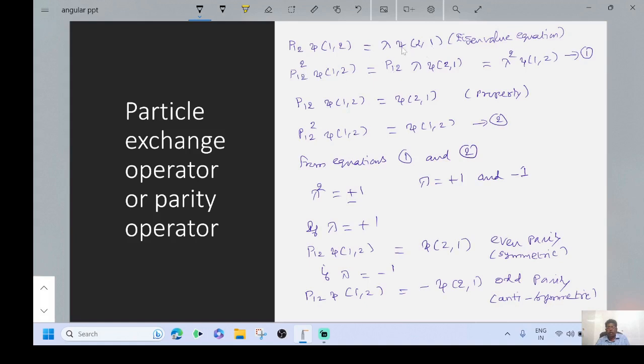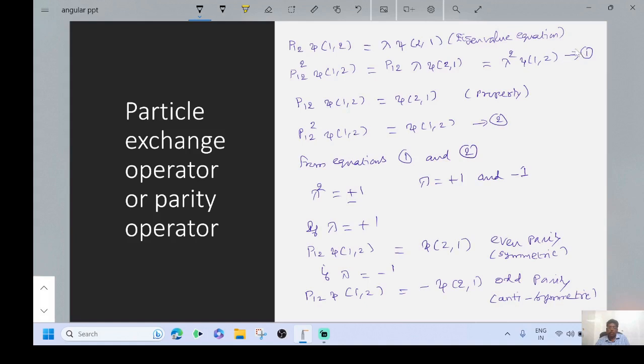Both sides we are operating with P12. P12 into psi of 2 comma 1 is once again lambda into psi of 1 comma 2. So lambda into lambda, lambda square.